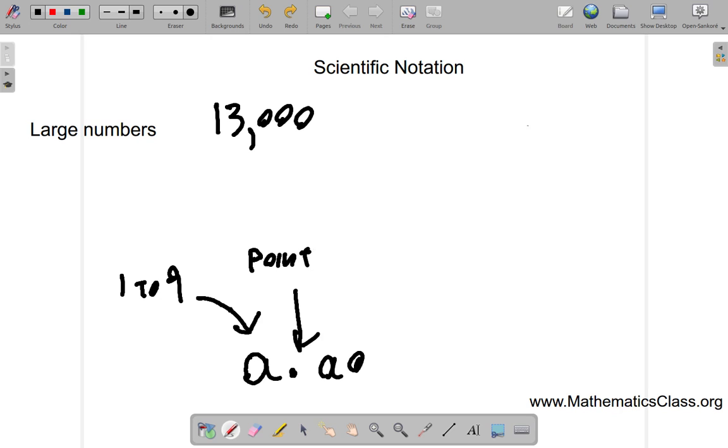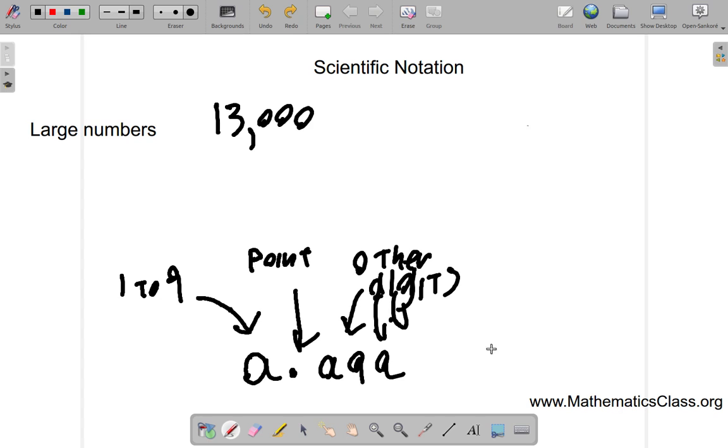Then you have the other digits, whatever they are, alright? Then the multiplication by 10 to a power. Let's call this P. So you must have the first non-zero digit as you look from left to right. You have it there. The point, then the other digits multiplied by 10 to a power.